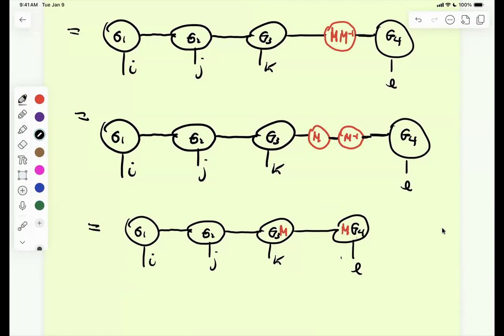So it's a contraction along that leg. All that I'm saying is that that is a very simple way to change the structure. Okay.